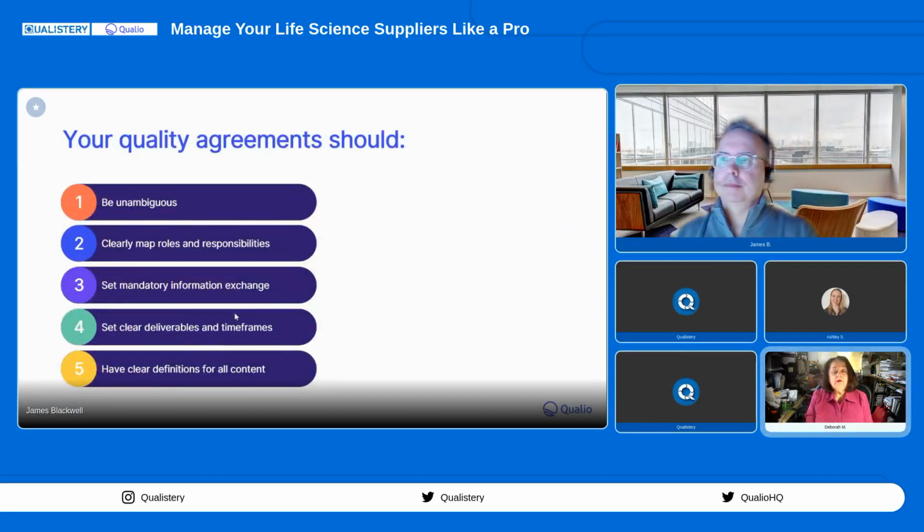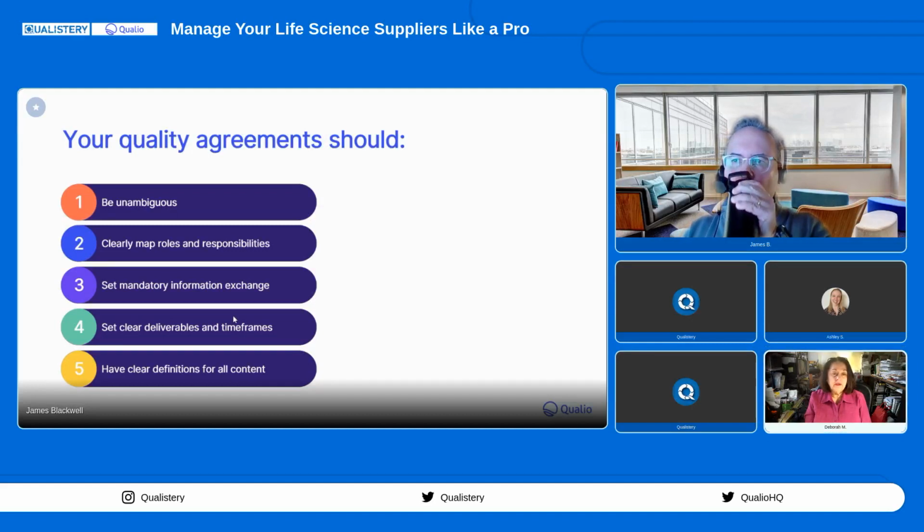So what's in a quality agreement? I'm not really a fan of the word should when we're talking about quality initiatives. However, there's no absolute content that you have to have. So I guess should's okay here. Unambiguous, we'll talk about that a little bit later as far as the vocabulary that you use, and especially with multinational companies, making sure that everybody understands the words the same way.